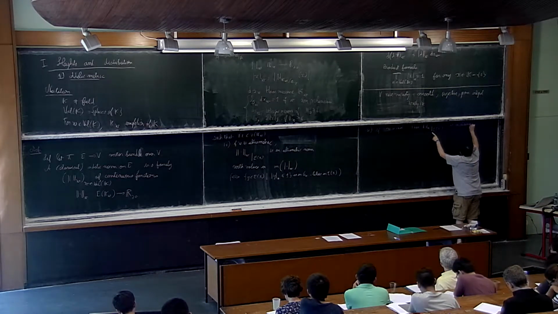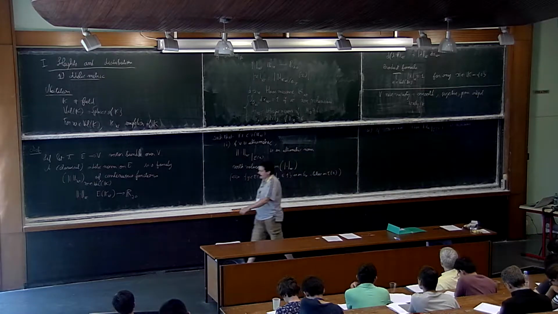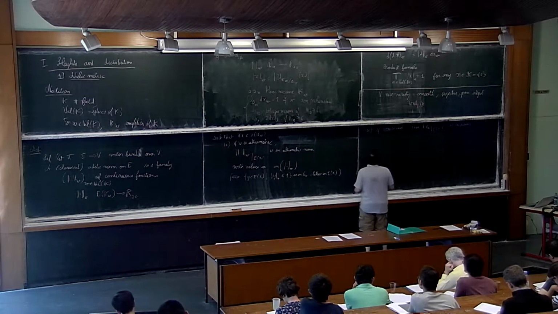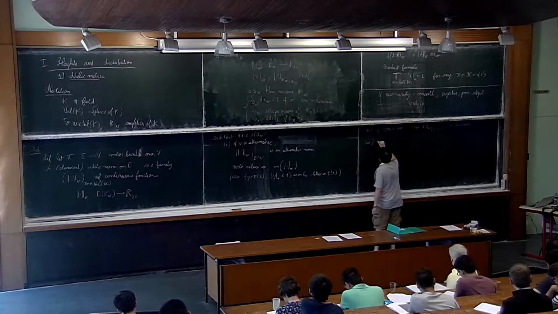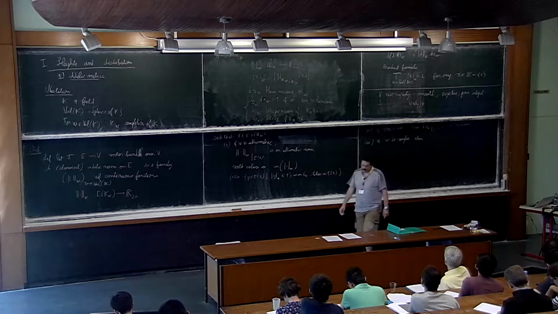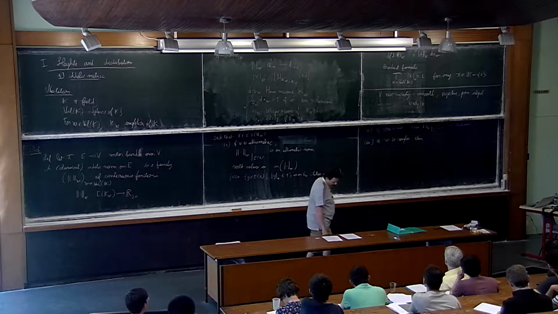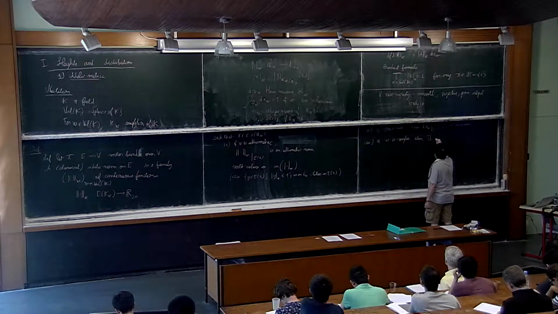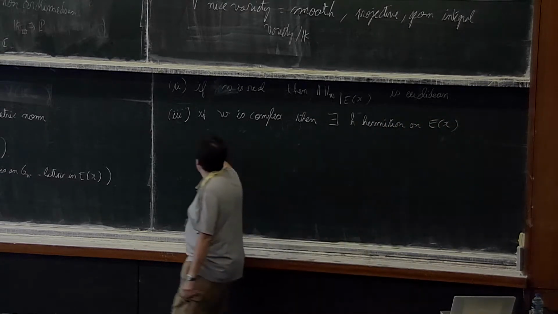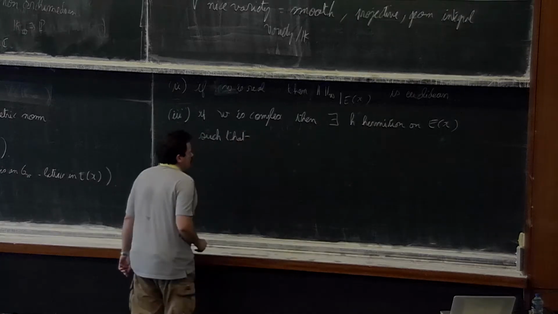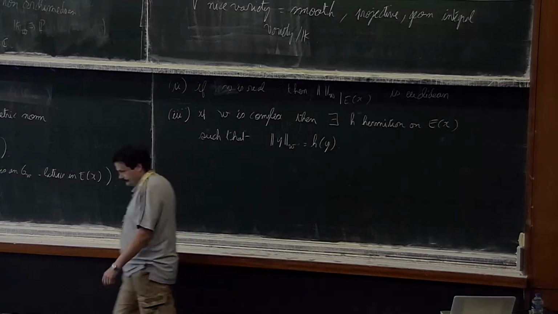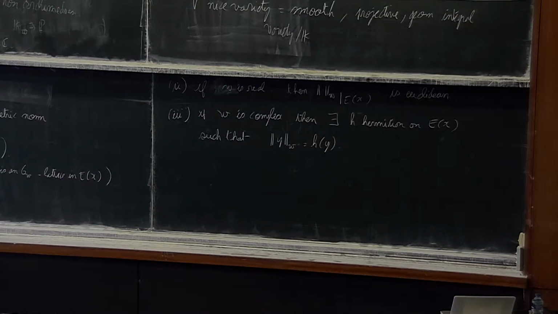So it is defined by a positive definite quadratic form on E_x. All right. In the third case, if W is complex, then the norm is given by a Hermitian form.